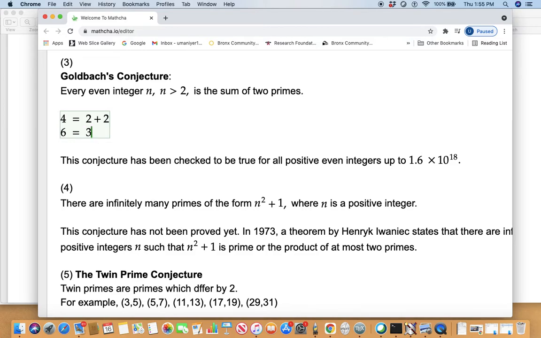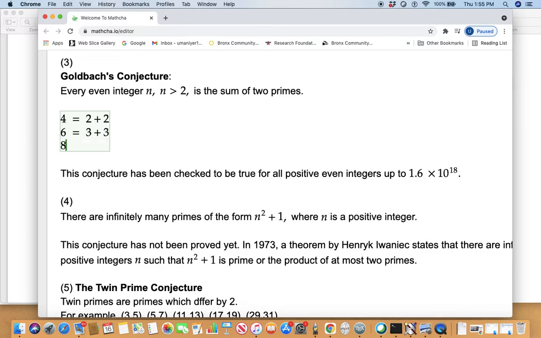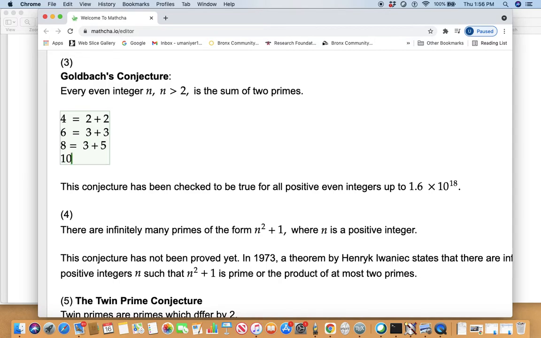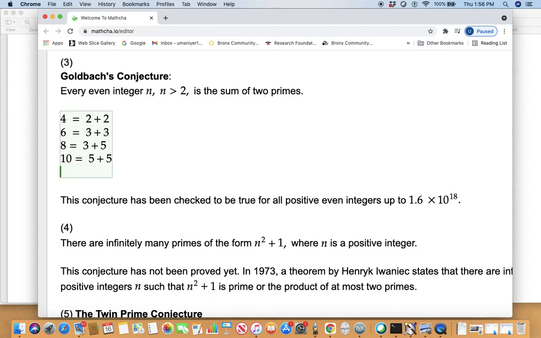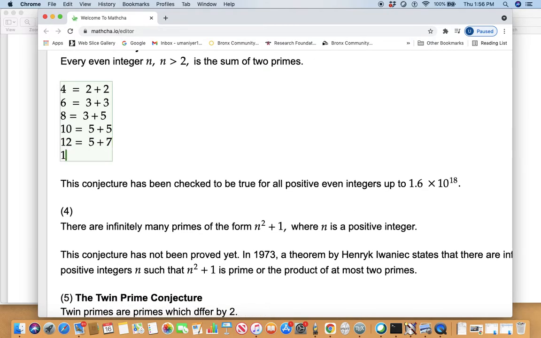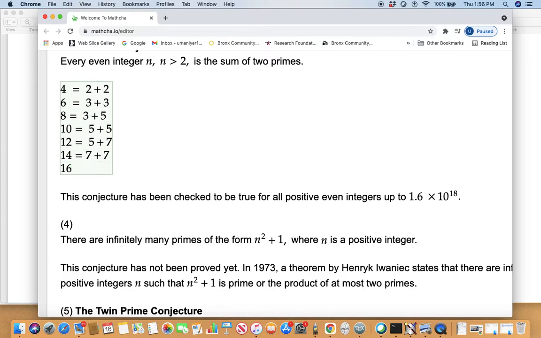Well, 3 plus 3. What about 8? Is 8 a sum of two primes? 3 plus 5. What about 10? It's 5 plus 5. What about 12? It is 5 plus 7. You see? What about 14? It is 7 plus 7. What about 16? 16 is, let's see, 11 plus 5. You see, I had to think a little more.